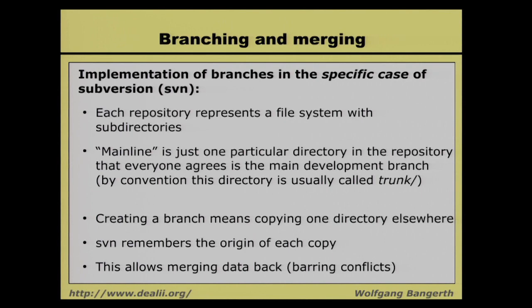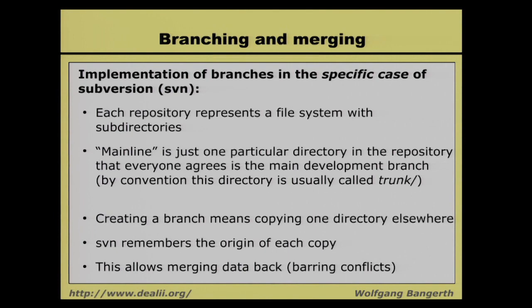The main development line, what we call the main line, just happens to be in a directory that by convention is called trunk. But there is nothing special about this directory. It is just a top-level directory that we call trunk, and that is by convention the one where the main development happens. Whereas branches happen in directories that are called, let's say, a top-level branches directory, and then the name of the branch.